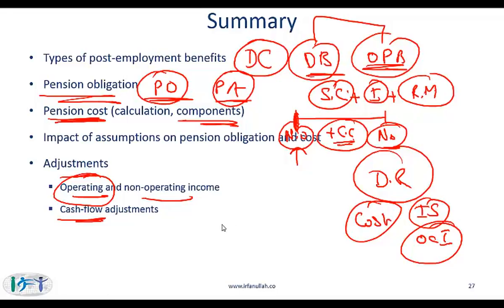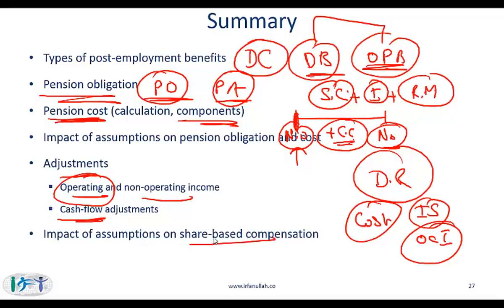Then we also talked about cash flow adjustments. In standard financial reporting, any contribution made by an employer is shown as an operating cash flow. But as we discussed, if the contribution made is different from the cost, then the amount that exceeds the cost is really a financing cash flow. And finally, we talked about share-based compensation.